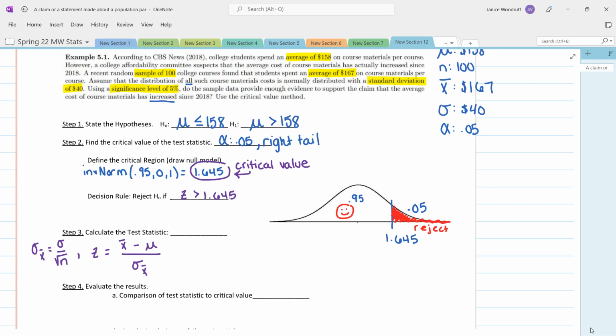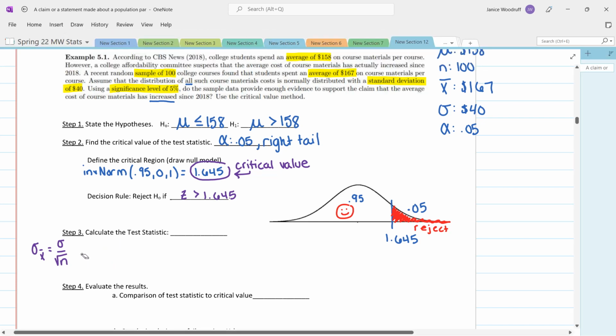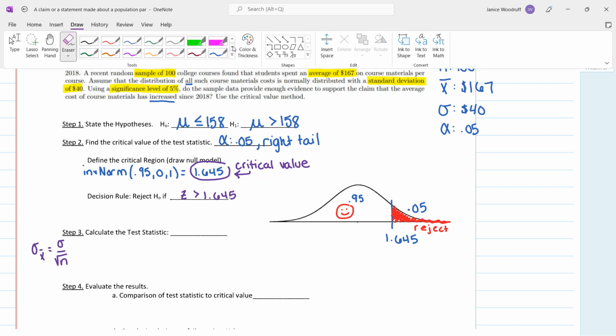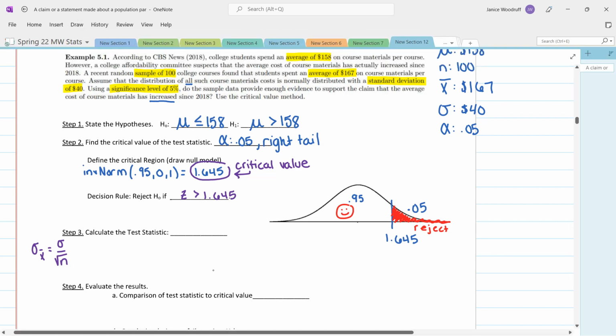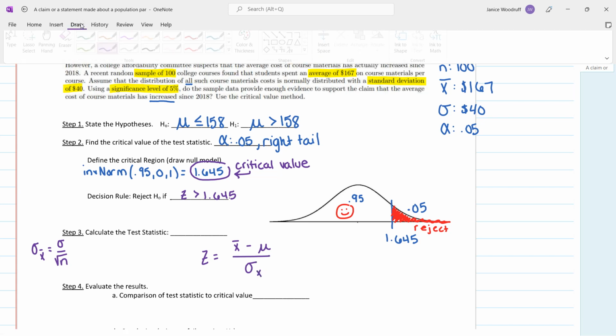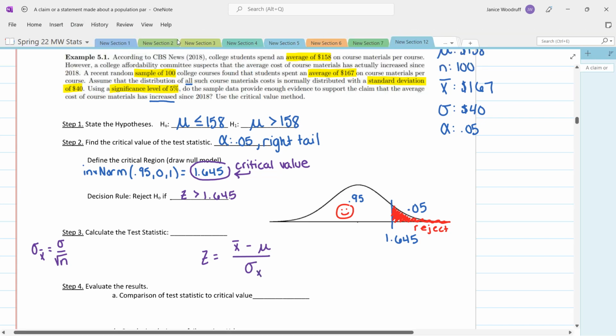So we're going to go ahead and do that. Okay, so let's find the standard deviation of x bar. The standard deviation of the population we wrote down was 40. And the sample size is 100. So 40 over the square root of 100 should just be 4. 40 over 10.